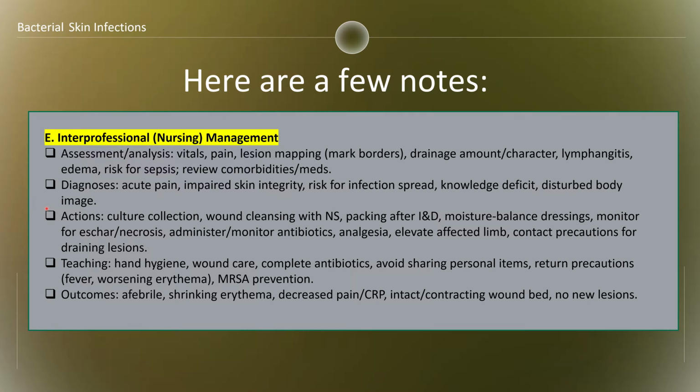Pain is another vital sign to measure. We do lesion mapping, like the drainage amount. We need to make sure whether it has edema or is a risk for sepsis. Review comorbidities and meds. The diagnoses are acute pain, impaired skin integrity, risk for infection spread, knowledge deficit, disturbed body image.